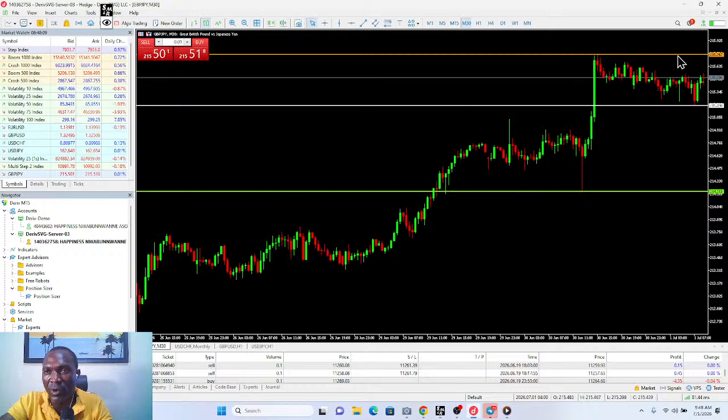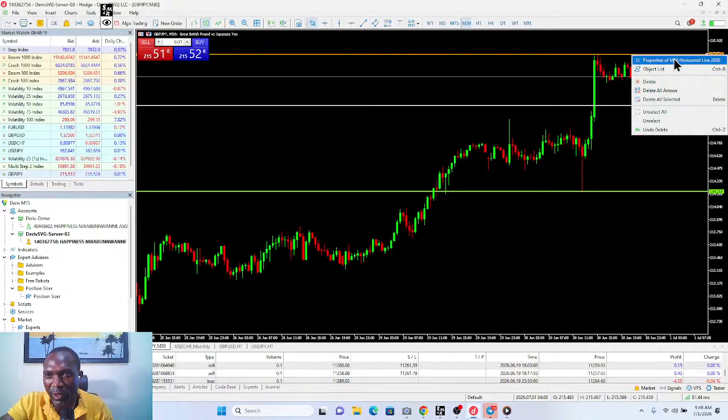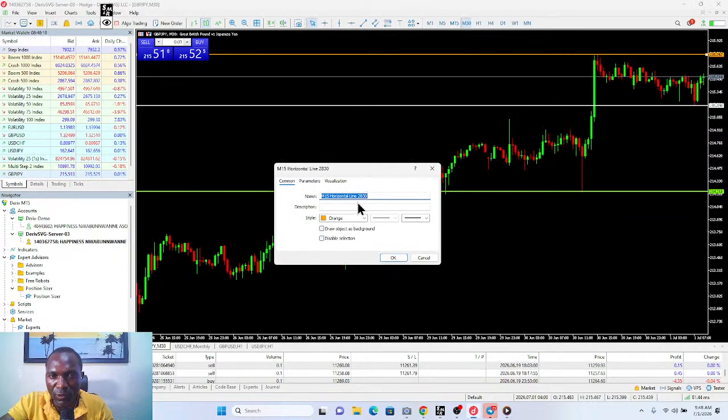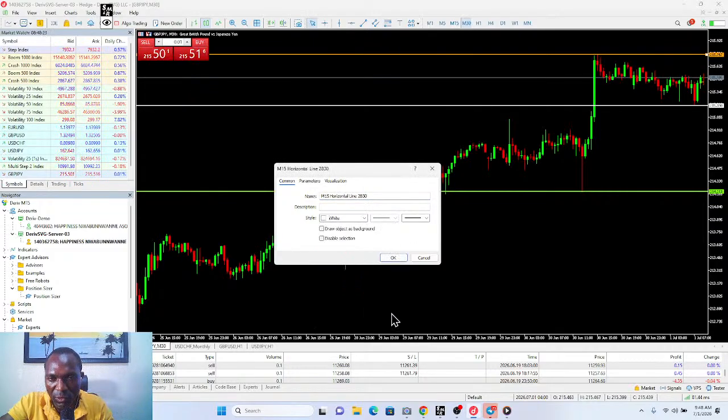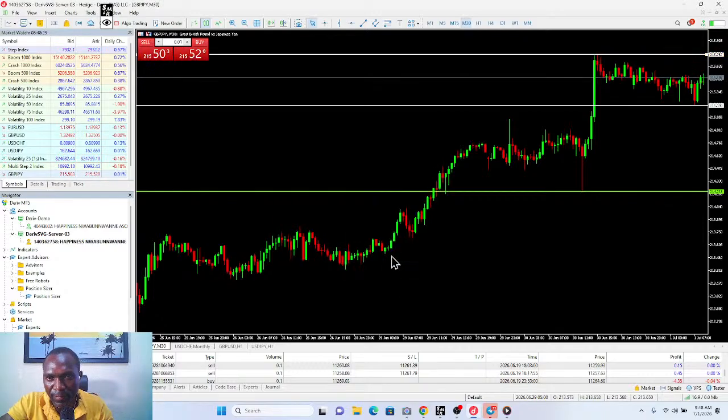Let me use white for identifying our pattern. Let me change it to white so that I know. Okay, good.